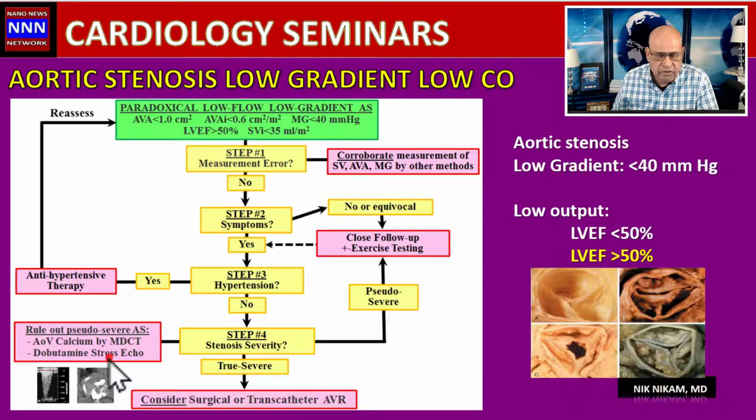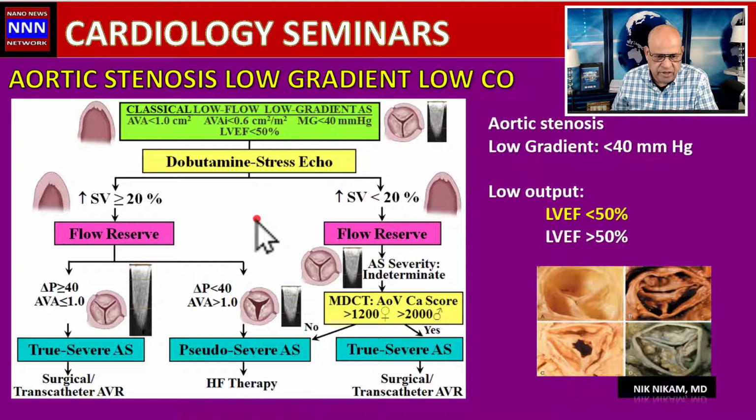Based on that, we can determine which category this patient belongs to, which will be covered in the next slide. If the stenosis is true aortic stenosis, then you consider these patients for surgical or percutaneous aortic valve replacement.